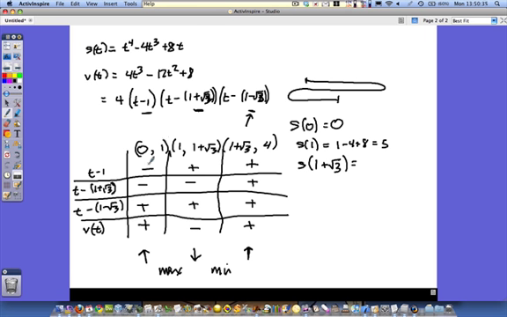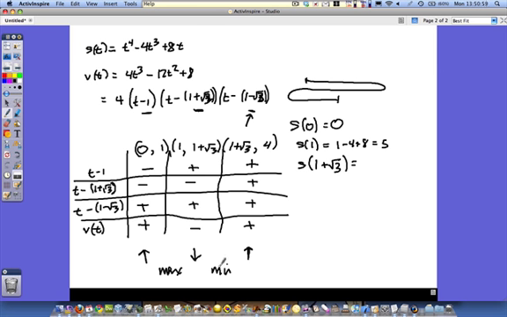If I figure out what the signs of each of these factors are, I can come up with the derivative is positive between 0 and 1, negative between 1 and 1 plus square root of 3, and positive again between 1 plus square root of 3 and 4. So the particle's going forward, then backwards, then forwards.